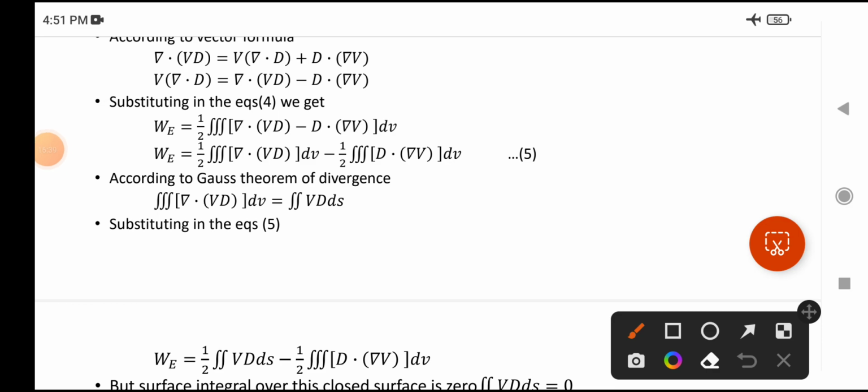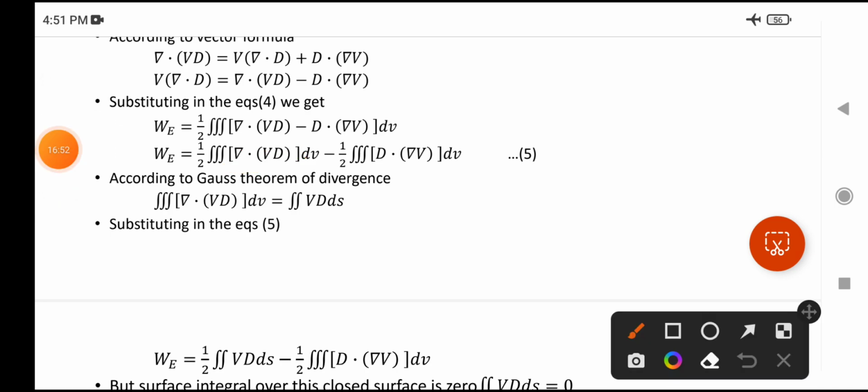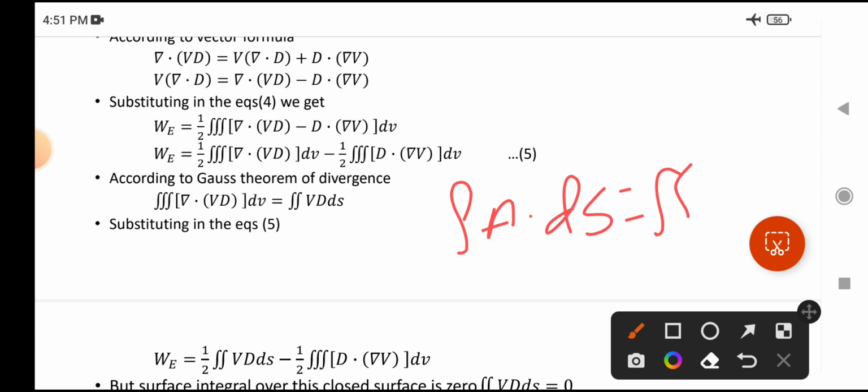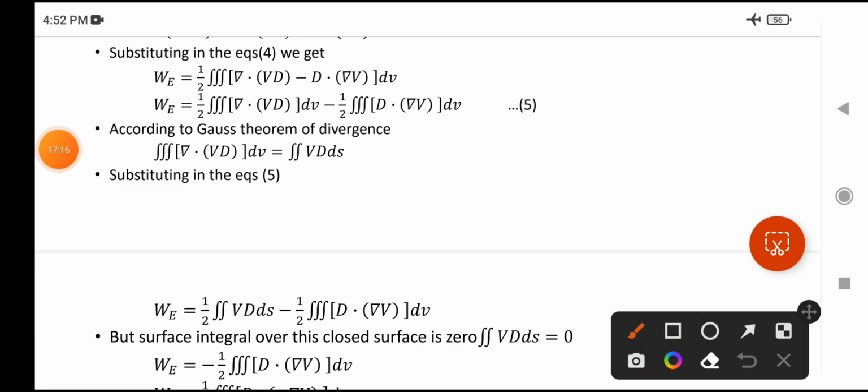Now if you observe here, according to Gauss theorem of divergence, for this term we are going to apply the Gauss theorem. Gauss theorem is the integral of A dot dS equals the triple integral of del dot A dV.